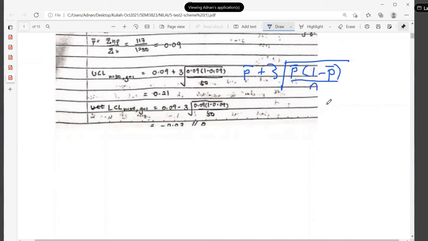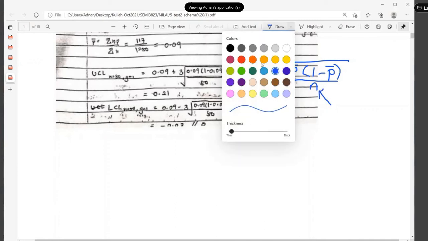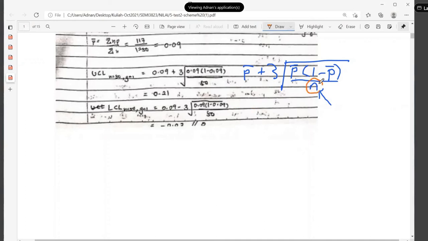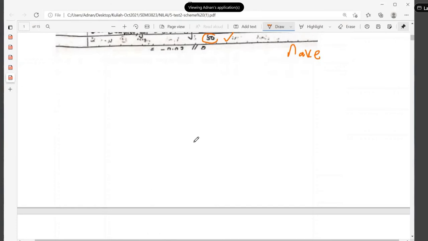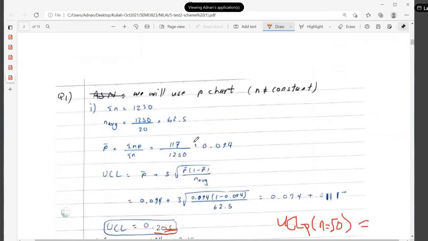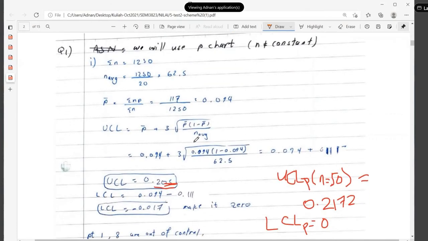So the only difference now is this N. Either use 50 or use 75. Kalau you take the average, so the N will be an average lah, instead of N50 or N75. In this case, 50 is used. So just show sample of calculation. No need to show all calculation lah, but they're repeating.